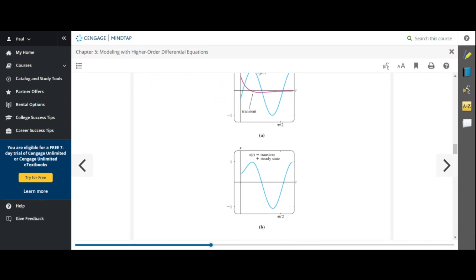I'm sorry. It's a half, not 1. Looking at that figure, at time equals 0, it's a half, and that's because at the beginning the mass is released a half. I've got to be careful here now on my units. Well, it could be either, but let's say it's released a half foot below equilibrium.